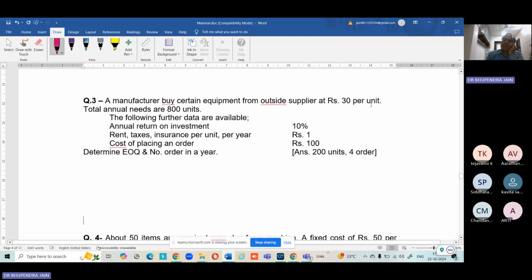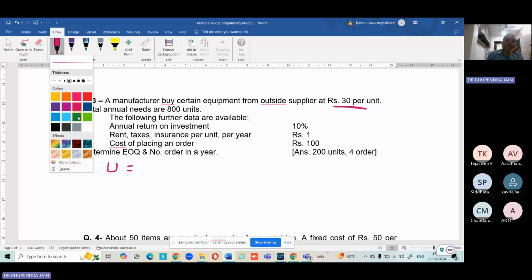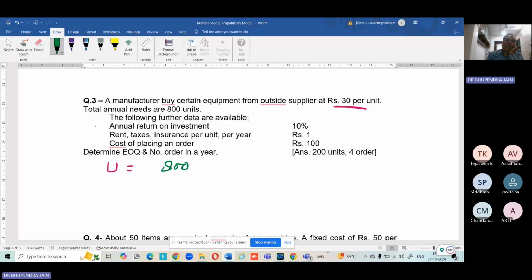So 30 is the purchase price. And the annual needs are, annual need is U, 800 units. We need P and we need S.